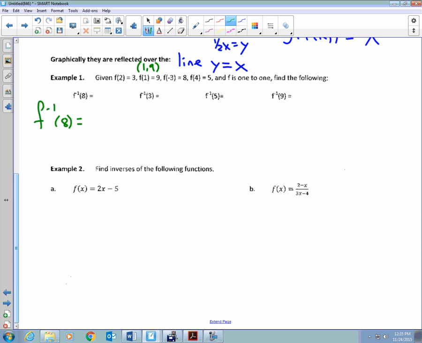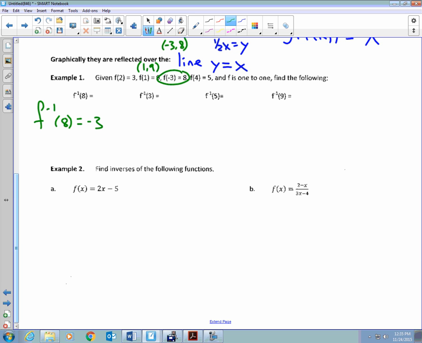When it says f inverse, that means the following: what input gives you an output of 8? Wouldn't you agree that the point negative 3, 8 is a point on that function? So therefore, f of negative 3 is 8. F inverse of 8 is negative 3. Again, the x and the y's switch.